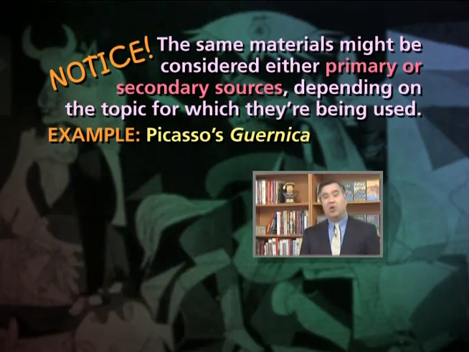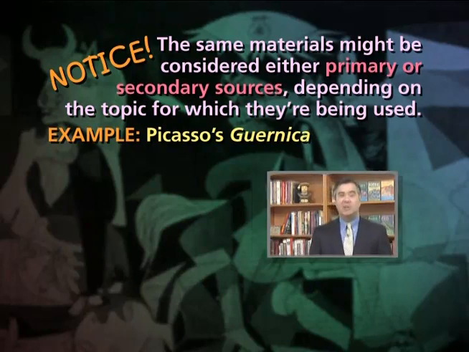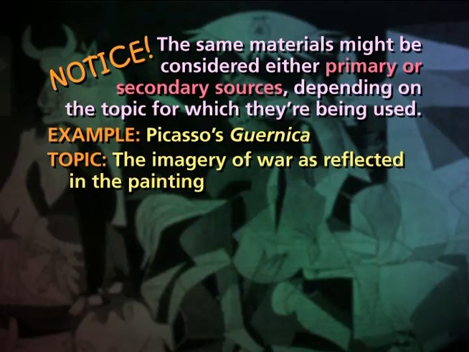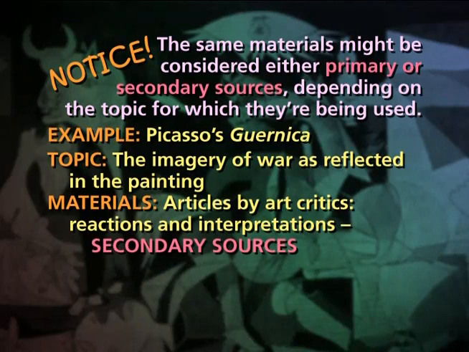As you might recall, this painting, Guernica, was painted by Picasso as a protest against the German bombing of a historic city in Spain named Guernica during the Spanish Civil War of the 1930s. Now, if your topic was the imagery of war as reflected in the painting, then if you went to the library and read a bunch of articles by art critics in which they gave their reactions to the painting and their interpretations of the painting, then you would consider those secondary sources.